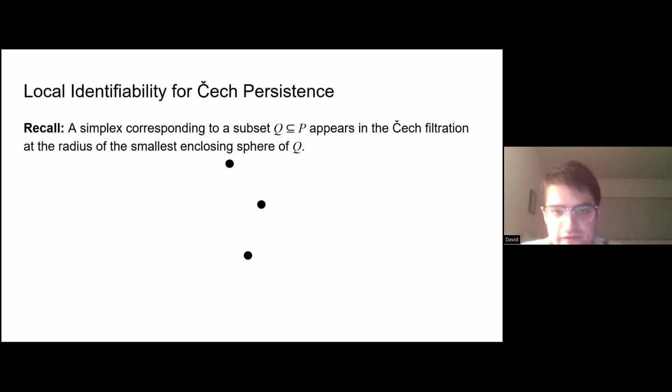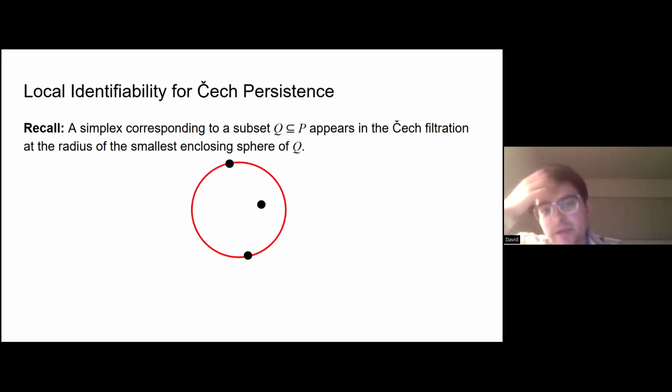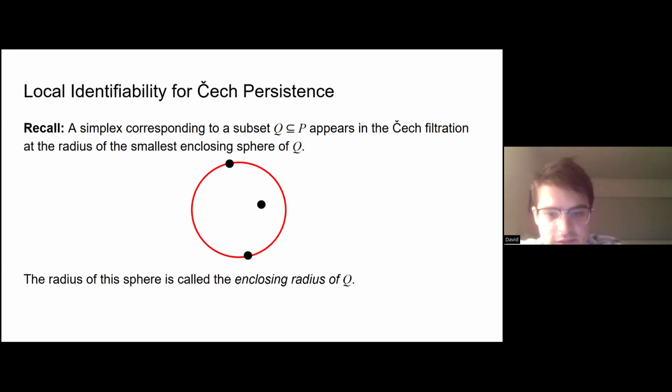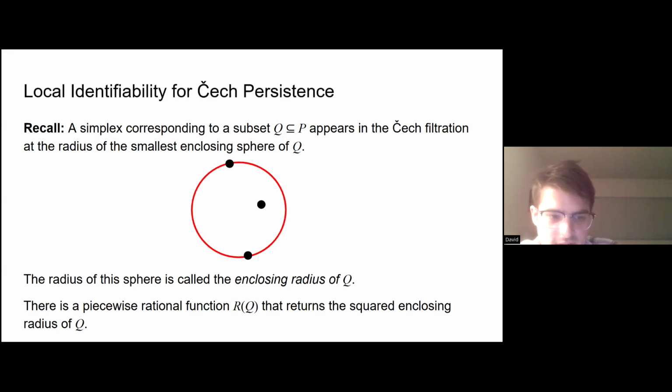So if I'm interested in when the triangle connecting these 3 points appears in my Čech filtration, it's going to appear at the radius of the sphere enclosing the 3 points. And this is called the enclosing radius of Q. One thing that turns out to be technically useful for us is that the enclosing radius function isn't such a terrible function.